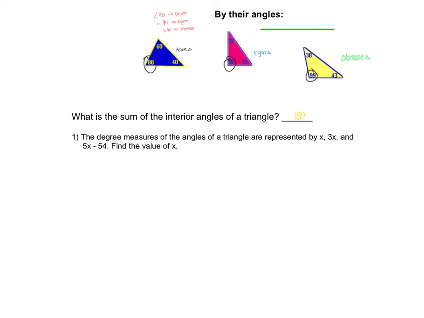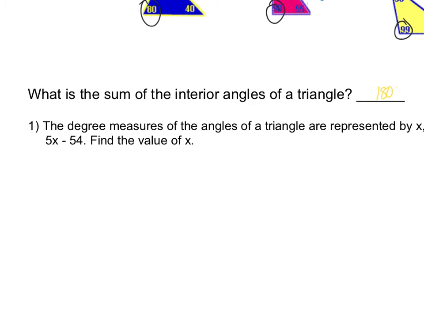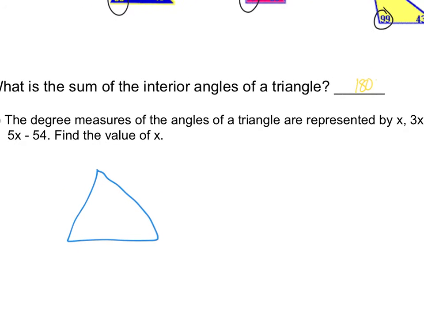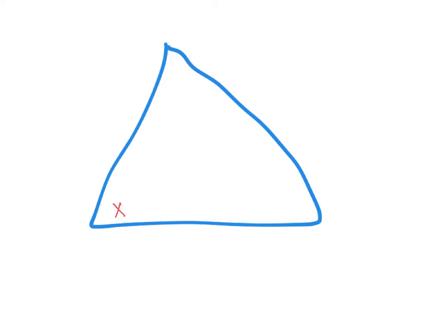Okay, question number 1. The degree measures of the angles of a triangle are represented by x, 3x, and 5x minus 54. Find the value of x. The first thing we're going to do is draw a triangle and put our angle measures in. We know that our angle measures are x, 3x, and 5x minus 54.